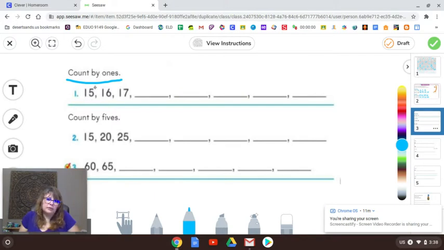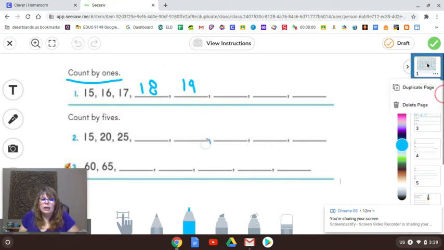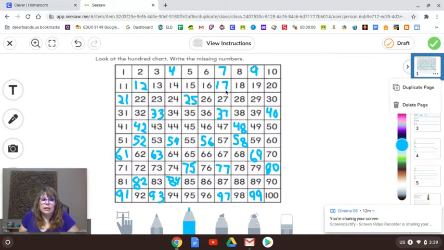What's after 15? 16. What's after 16? 17. What's going to be after 17? It's going to be 18. And then it's going to be 19. Now, if you don't remember what's after 19, you can go to your chart and click on your thing here, and say, okay, 19.